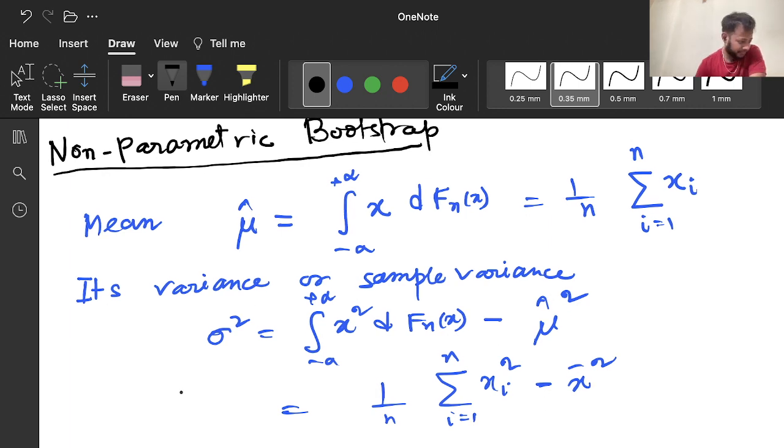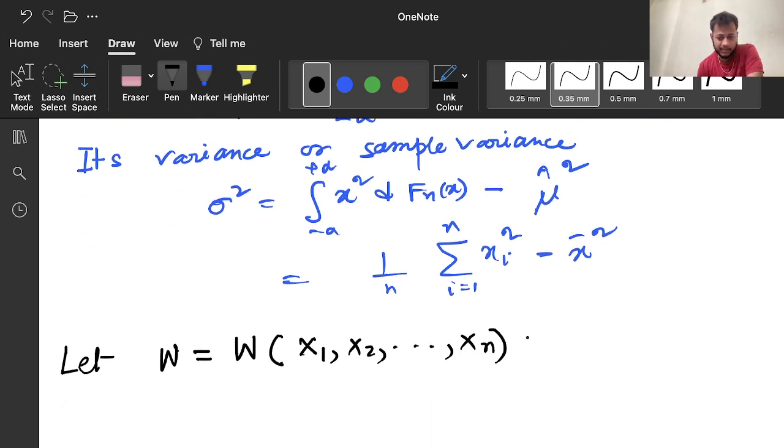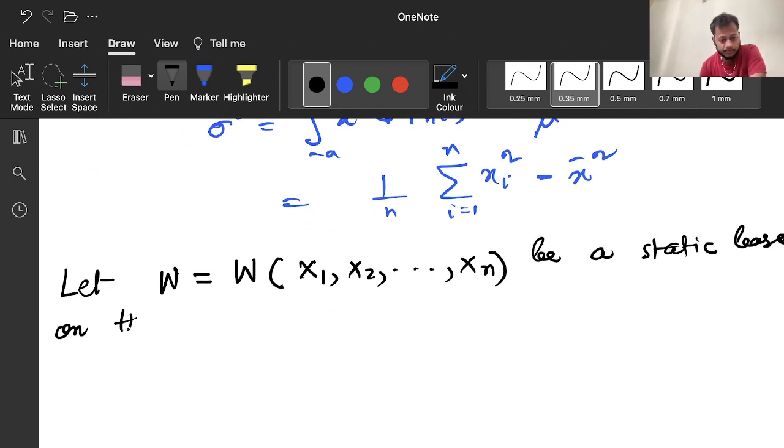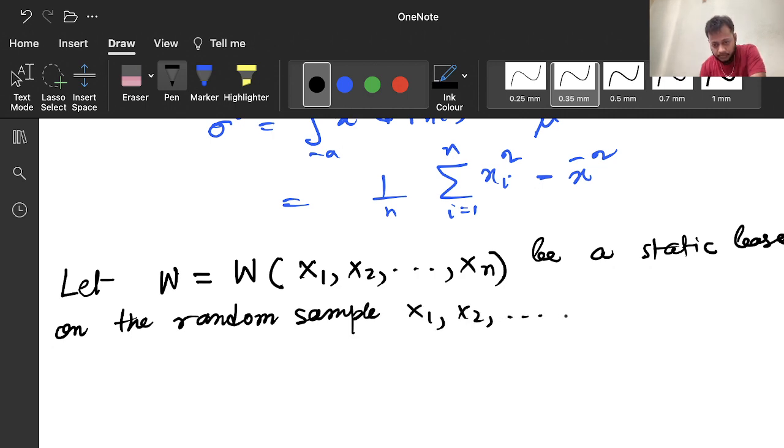This is a statistic based on the random sample x1, x2, ..., xn.